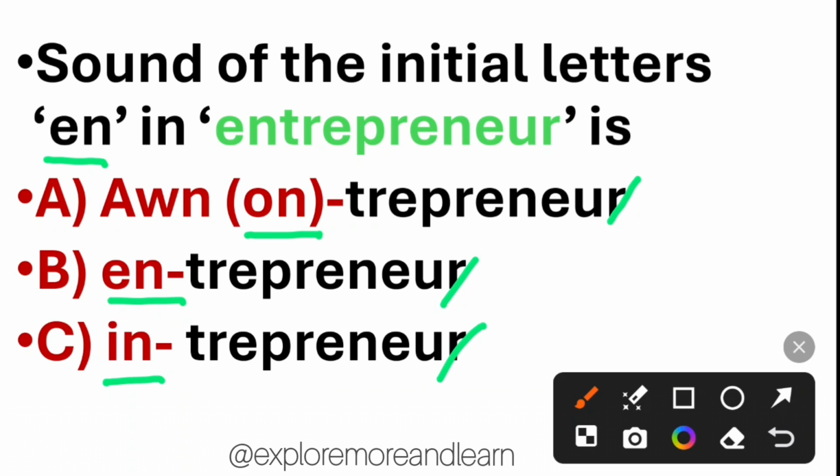Okay, let's keep it silent. Now let's pronounce it all together. The correct answer is entrepreneur. Entrepreneur. Okay, not entrepreneur. So this is the correct pronunciation.